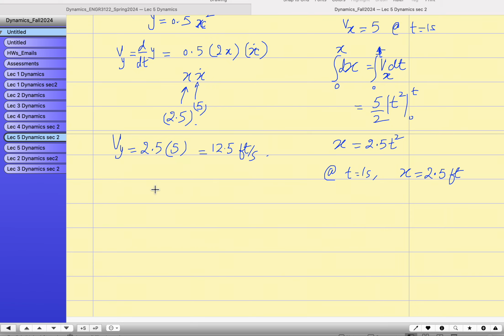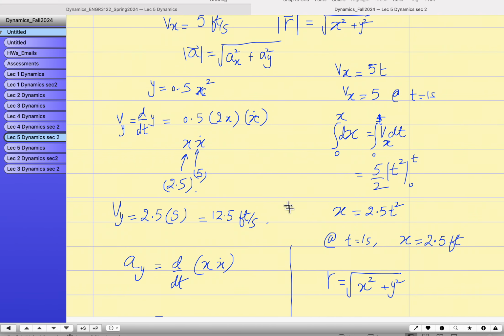Now ay is the time derivative of x times x dot. But before I go to the time derivative of this, let's finalize the answer for r, the square root of x square plus y square.